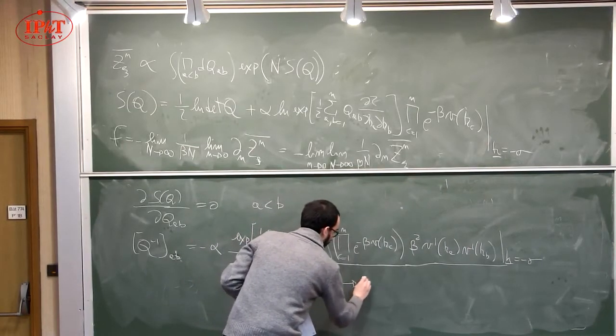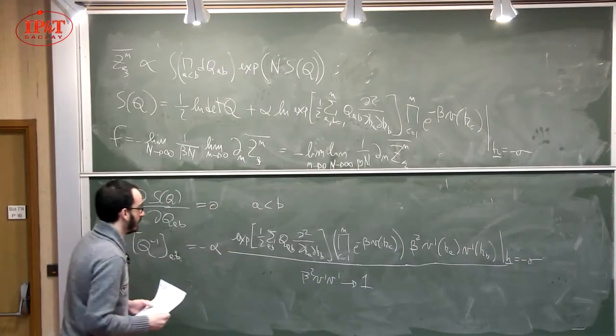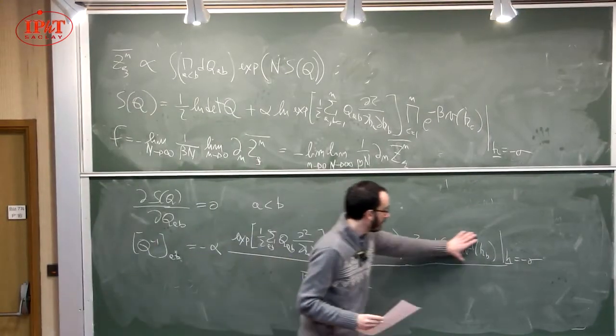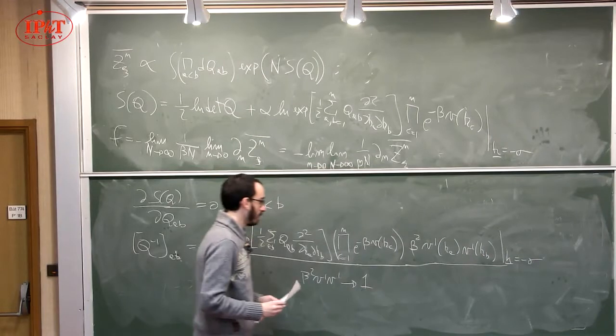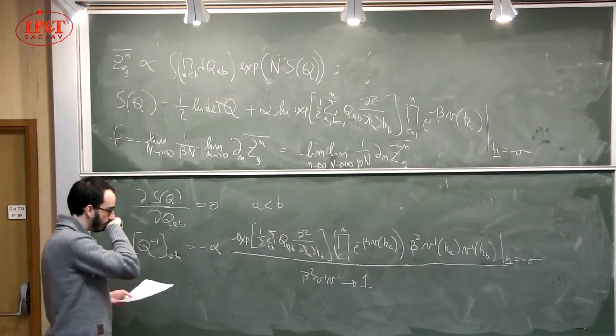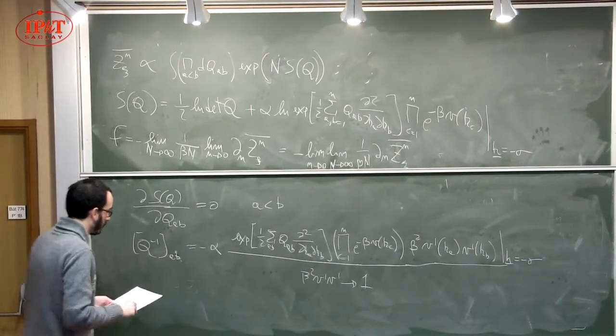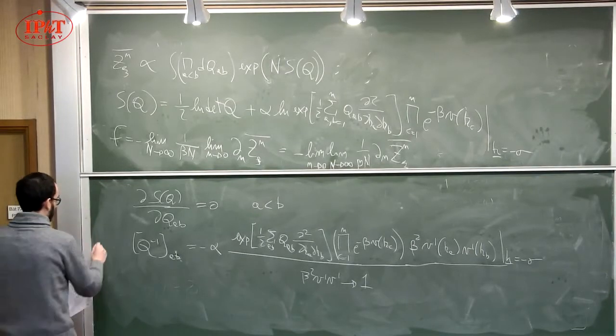I just write it like this. It's exactly the same thing where I replace this with 1. Okay? And so this is an equation for A less than B.